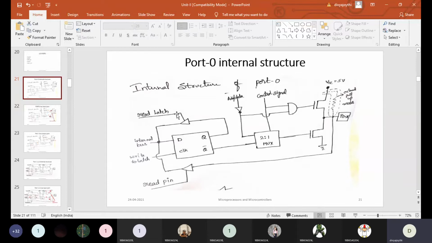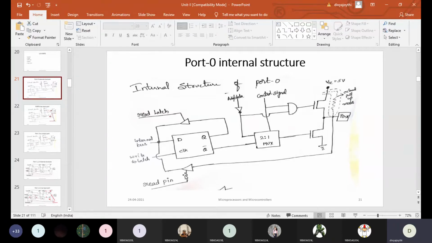These two together are called input tri-state buffers. What exactly is a buffer? A buffer is nothing but whatever input you give, the same will be produced as the output. That is the functioning of a buffer. So these two are called internal tri-state input buffers.